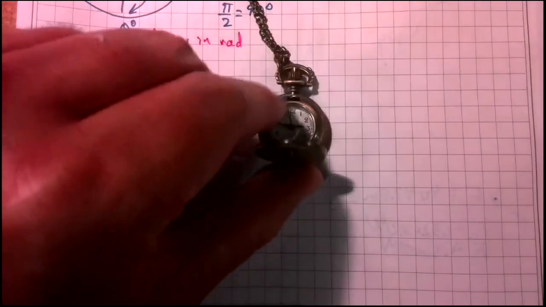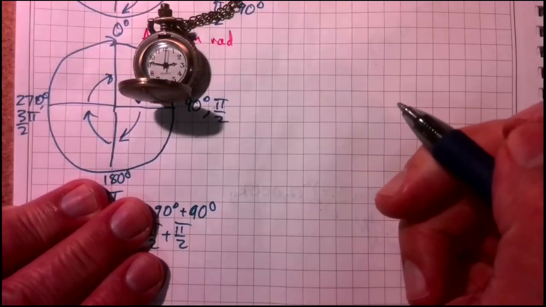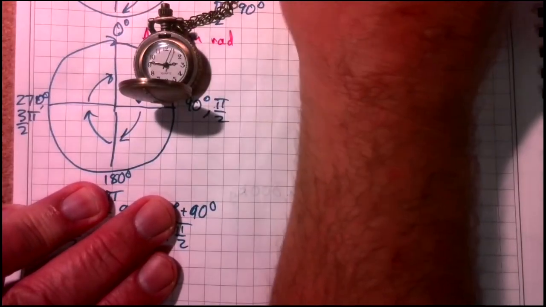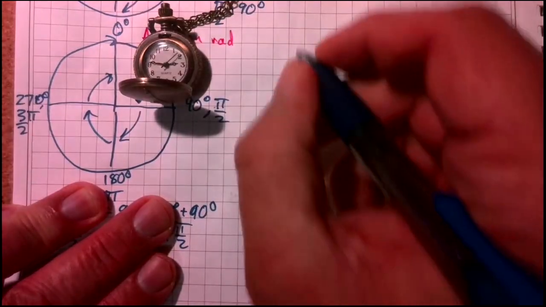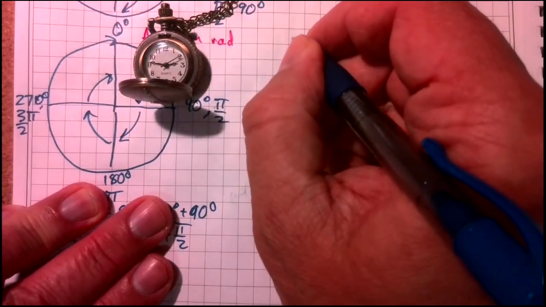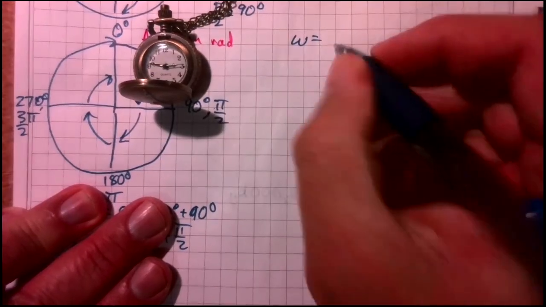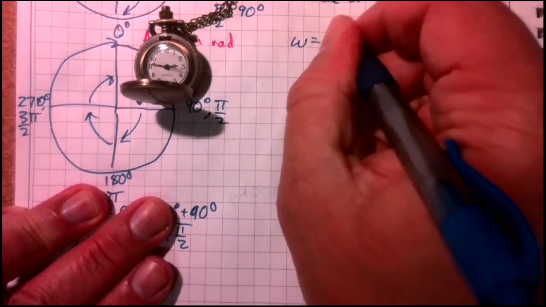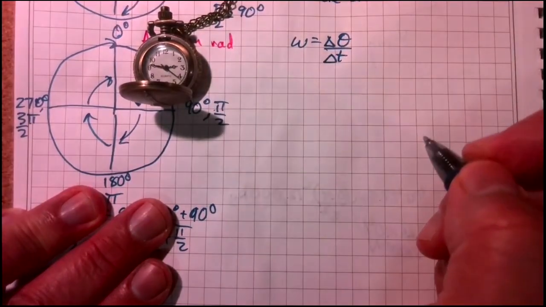Let's write down some information here. This is angular speed. I put that wrong in my notes. We're going to call angular speed or angular velocity omega, and this is going to be the change in our angle theta divided by the time.